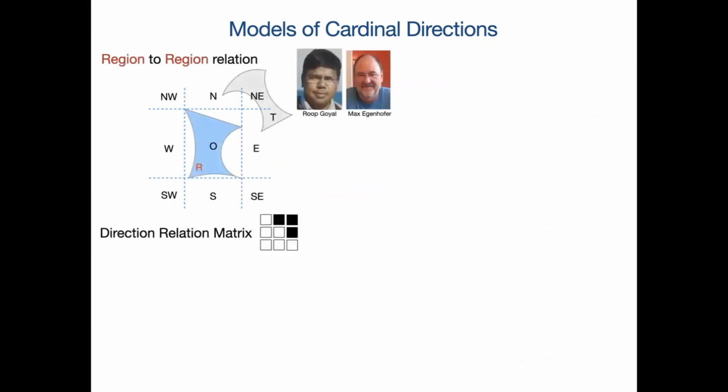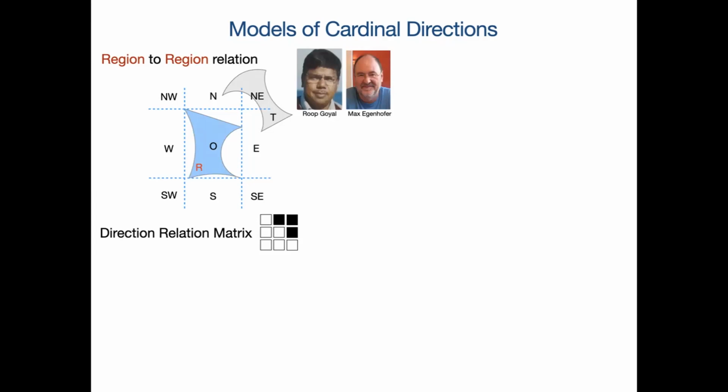Then the region-to-region direction relations. Here they're trying to avoid the point-like approximation, and they're concerned with preserving the geometry and the shape of the objects.